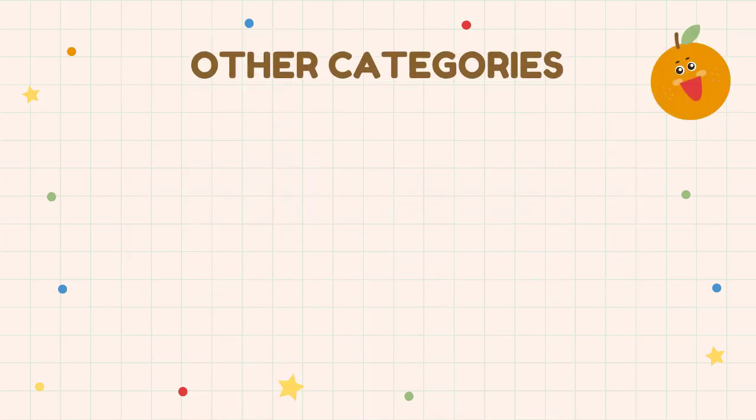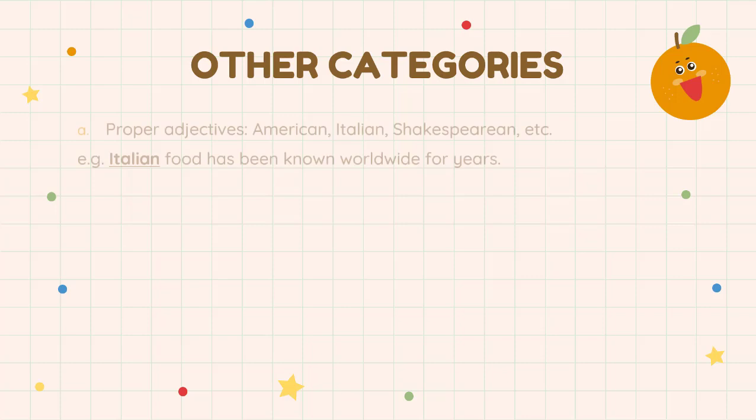Okay, we still have other categories. The first, proper adjectives. Proper adjectives are formed from proper nouns to create descriptive words like American, Italian, Shakespearean, etc. Italian food has been known worldwide for years.